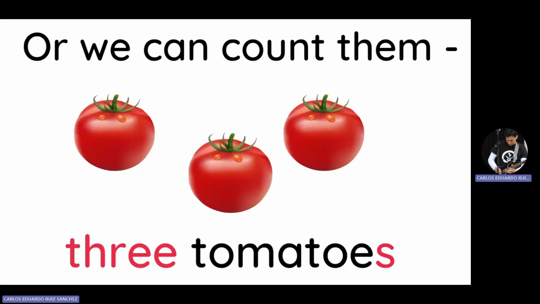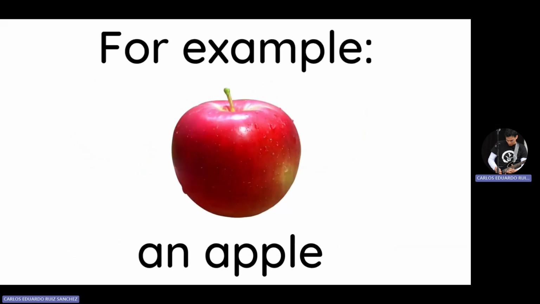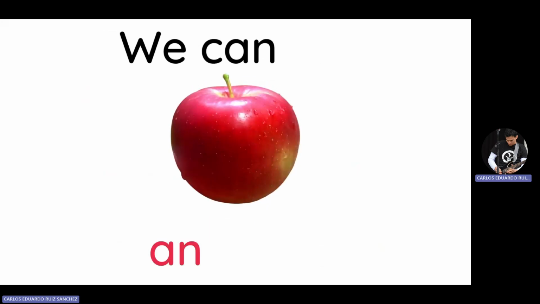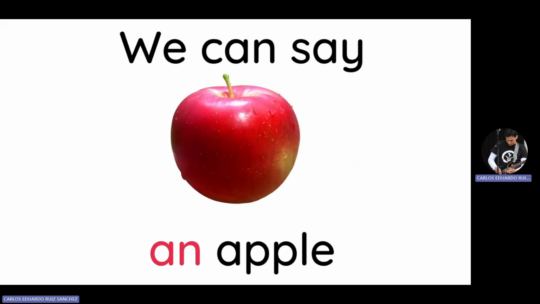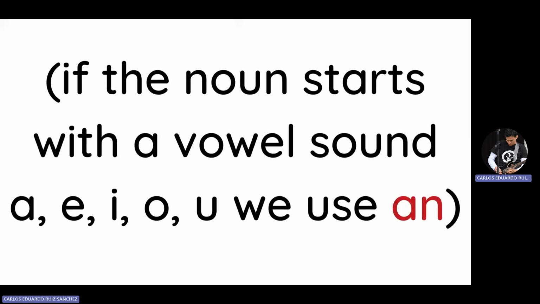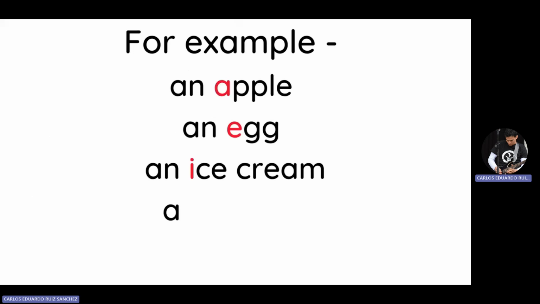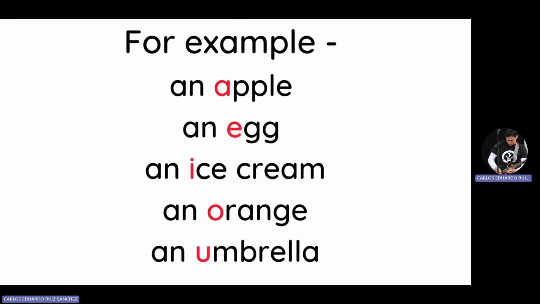Three tomatoes. An apple. We can say an apple. But why do we use an? If the noun starts with a vowel sound, A, E, I, O, or U, we use an. For example, an apple, an egg, an ice cream, an orange, an umbrella.